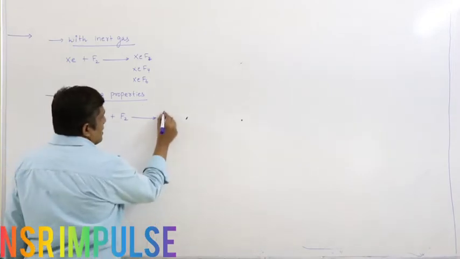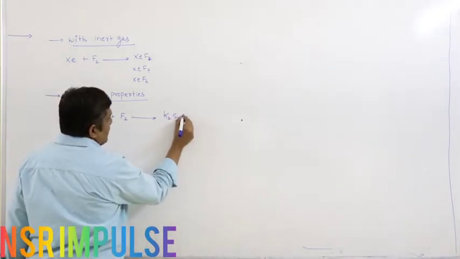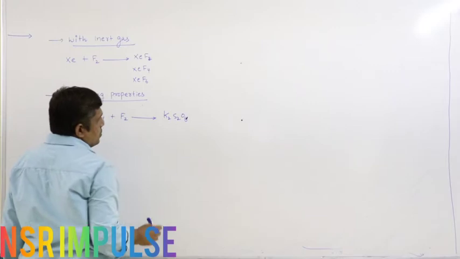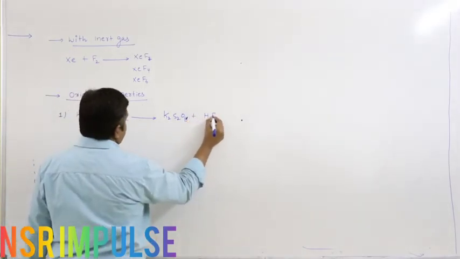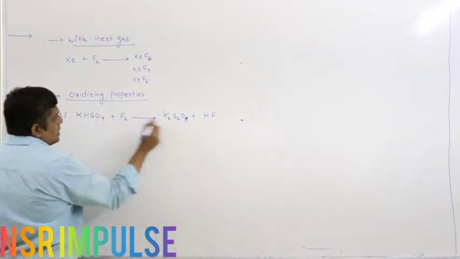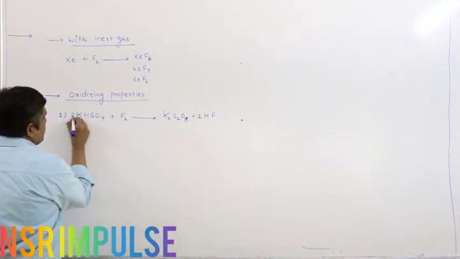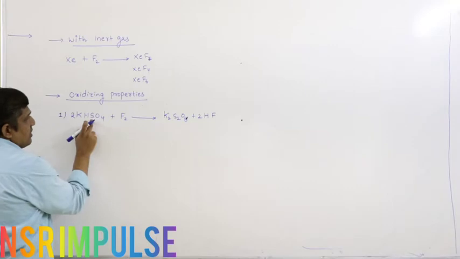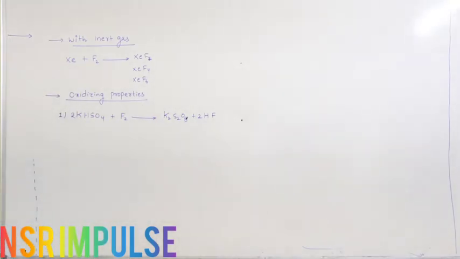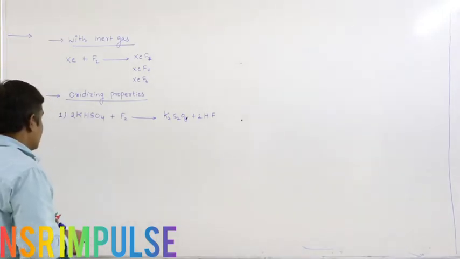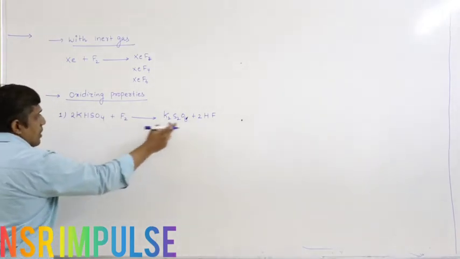So potassium bisulfate is converted into persulfate, K2S2O8 plus 2HF. Sulfate is converted into persulfate, peroxydisulfate. H2S2O8, it is the salt of H2S2O8, Marshall's acid. So fluorine oxidation state changes from 0 to -1.